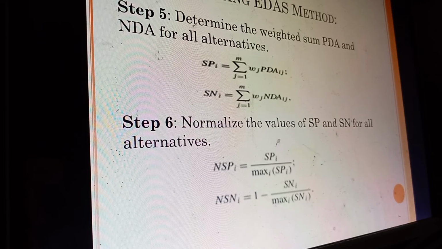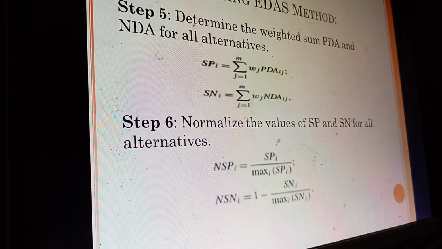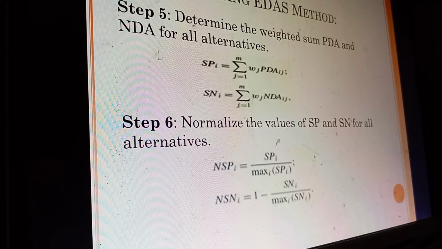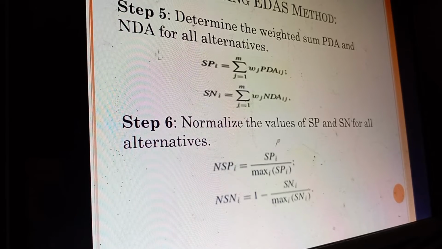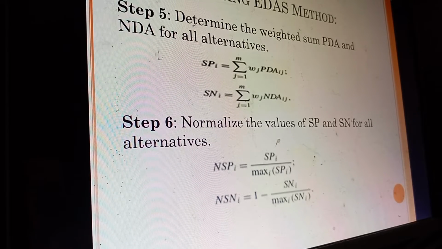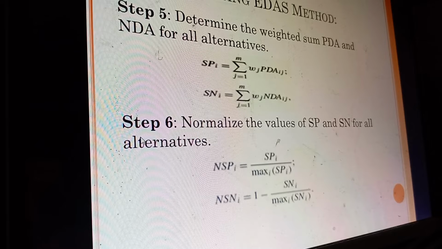Step 5, determine the weighted sum of PDA and NDA for all the alternatives. So we have the summation of the positive distance from average and the negative distance from average. Step 6, normalize the values of SP and SN for all alternatives.